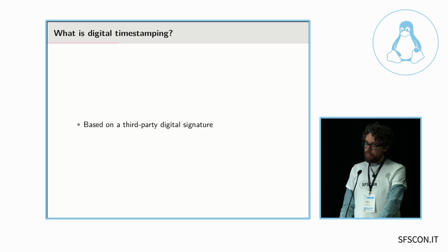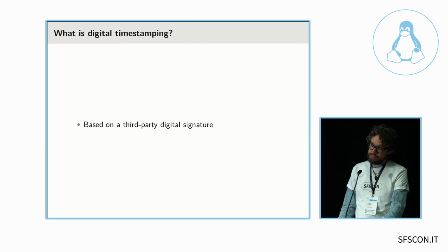So actually, digital timestamping is based on third-party signature, and I only know closed source or commercial ways to do that, like Adobe and stuff like that, because they are based on certification authority.